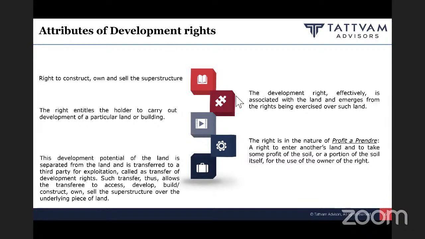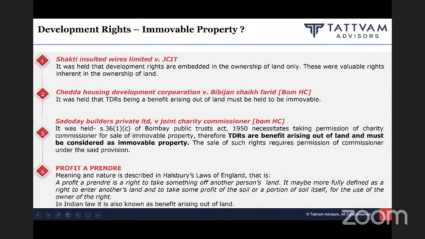So friends, in the pre-GST era, we have various kinds of judgments which have dealt with the concept of development rights. And in all these judgments, what has been held is that these developments are nothing but benefits arising out of land. This right to construct the building, own that building and sell that superstructure, that development right, that TDR, is nothing but a benefit arising out of land and is considered as an intangible immovable property.